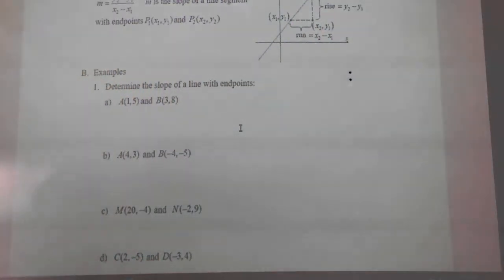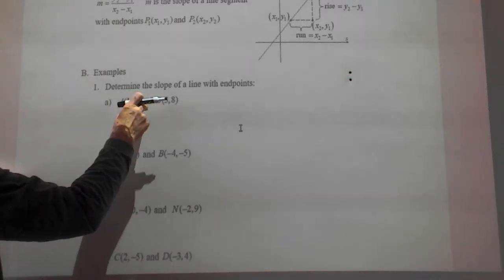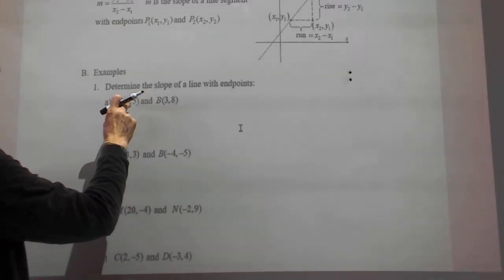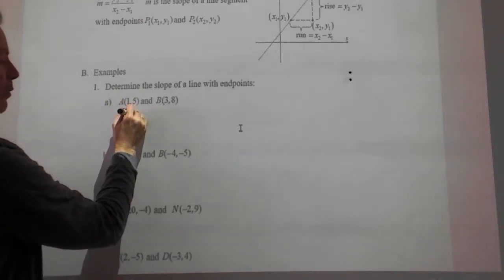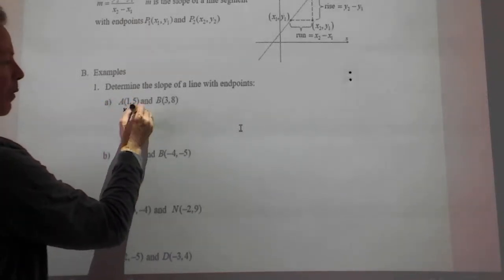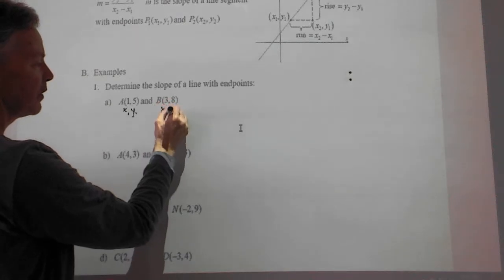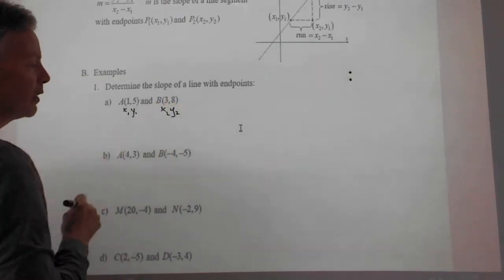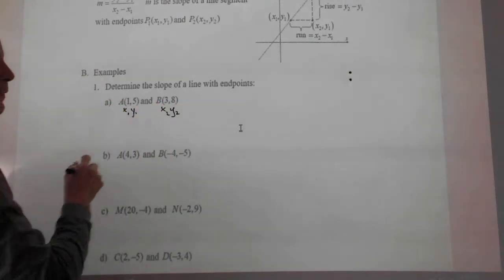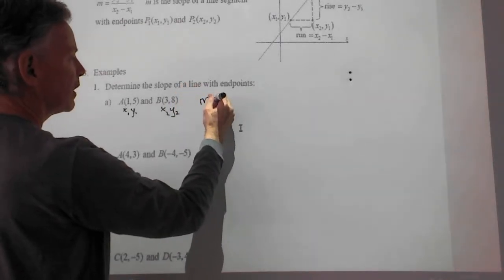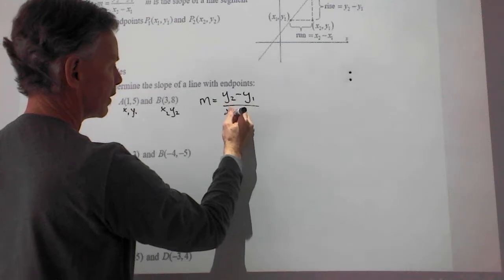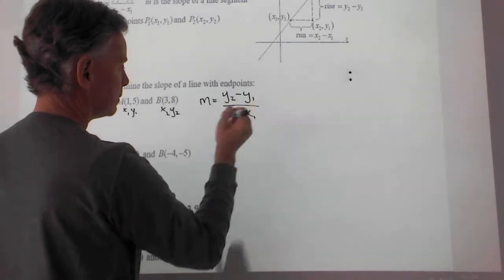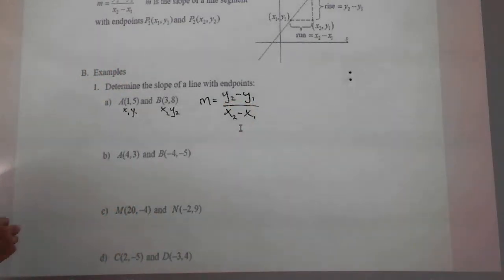Okay? So, let's determine the slopes of a couple of these. We've got these 2 points, and we're just going to say this one will be our x1, y1, this one will be our x2, y2. It doesn't matter which goes where. Okay? So our slope formula is y2 minus y1 over x2 minus x1.